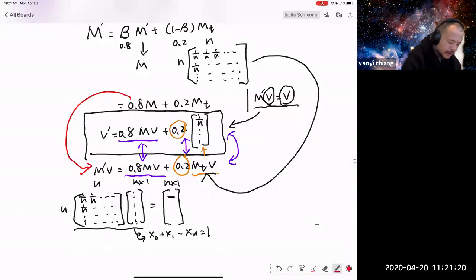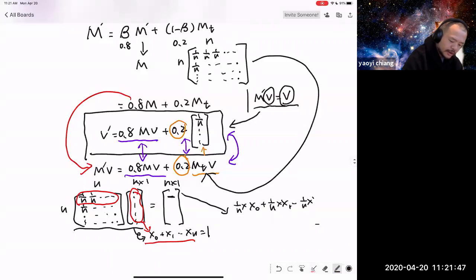If we think about this one, the first element in your new vector is the dot product between this and this, right? So if we only look at your first element, it's 1 over n times x0 plus 1 over n times x1, till 1 over n times xn.